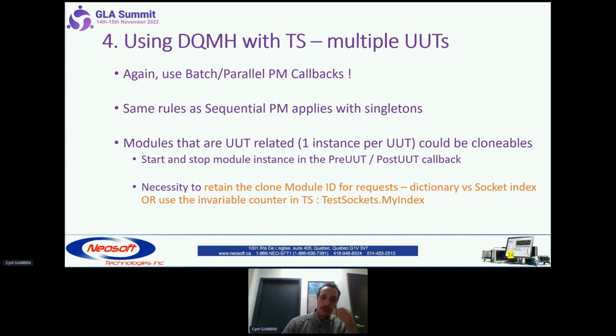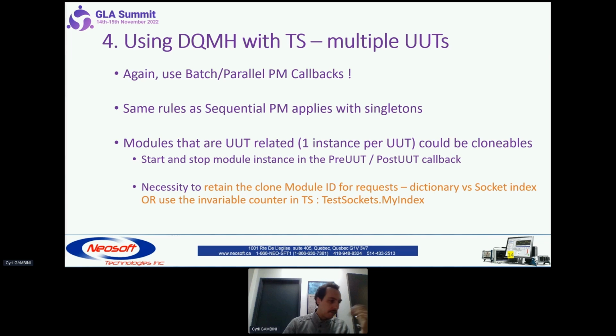What we've seen is that most of the time the clonables that we are using are linked to the test socket. So I've got one test socket per UT, and I will duplicate my clonable module to address that UT, as many as there are test sockets running in my test sequence.